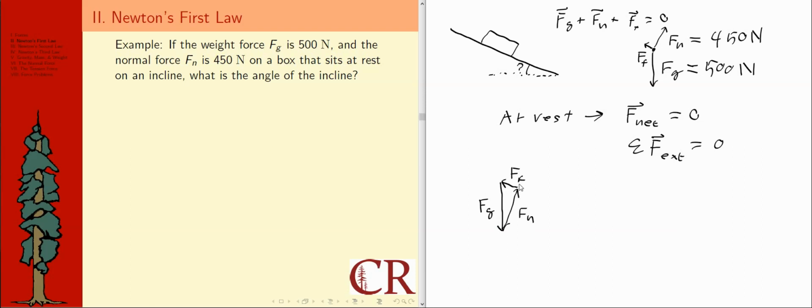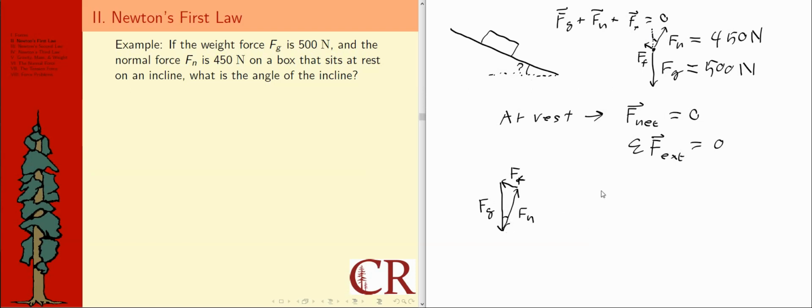This geometry is going to let me answer this question. If I look at this setup, the normal force was a little bit slanted away from vertical, and the amount that it was slanted away from vertical has to be the same as this angle right here in this triangle.